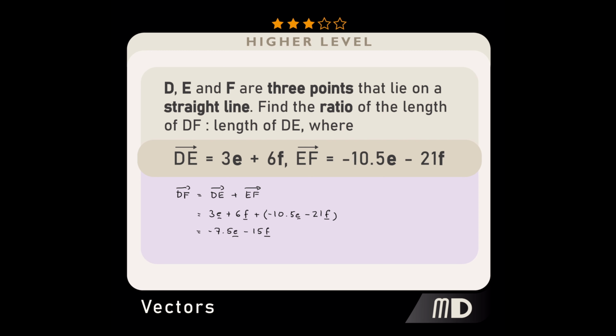The vector DE is equal to 3e plus 6f, and DF is equal to minus 7.5e minus 15f.